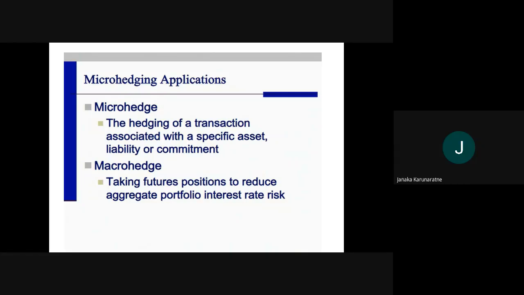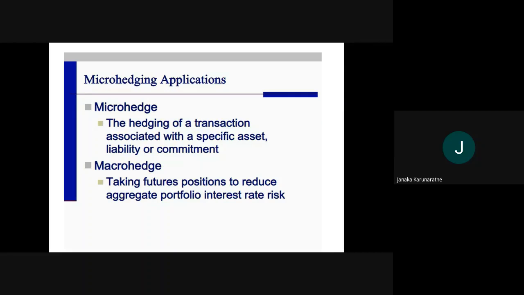Now, for example, let's say you want to invest in a particular instrument in future, or you want to borrow through a particular instrument in future. There is an interest rate risk associated with that particular asset or liability. Let's say you want to invest in a deposit in 6 months' time.